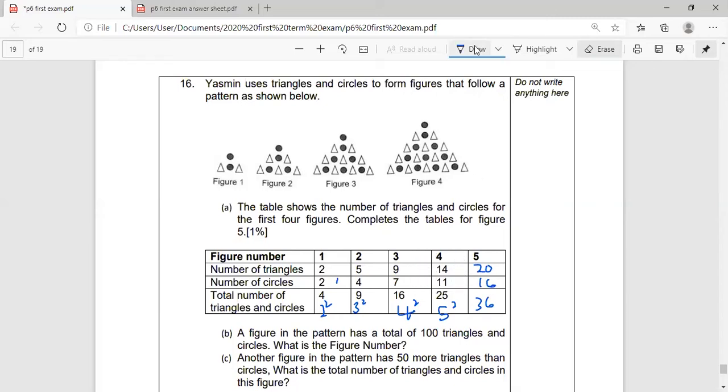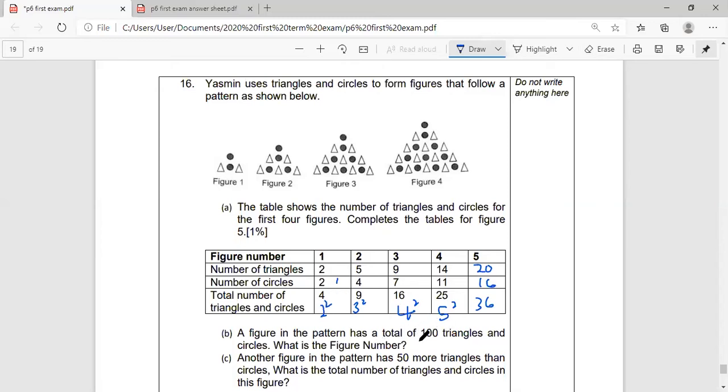Figure number 1, you square 2 to get 4. Figure number 2, you square 3. Figure number 3, you square 4. So the figure number is always one less than the number that you square.